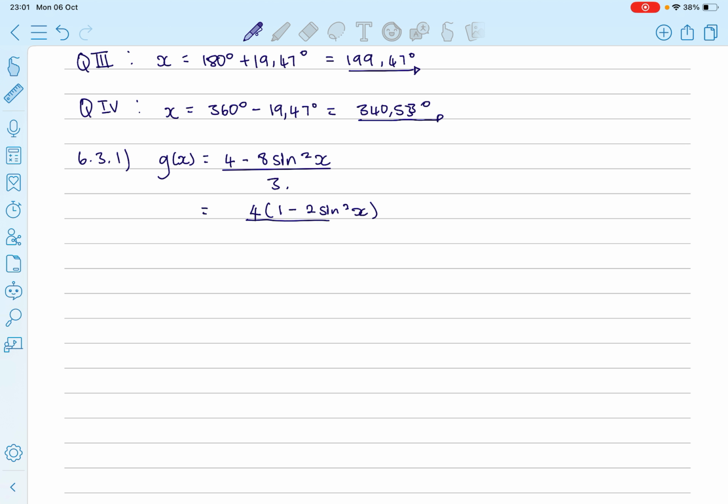So that's how we end up looking like that. And here we've got a 3. So now that we can clearly see our cos double angle, we can actually just simplify this to 4 over 3 cos 2x. Now this is something we can work with to try and get the maximum value.